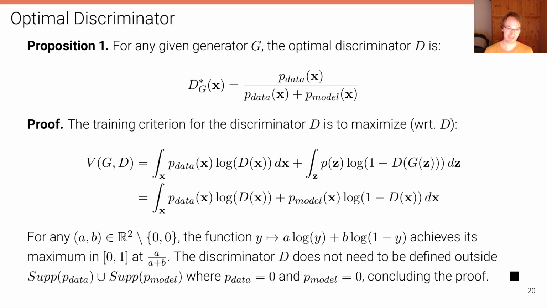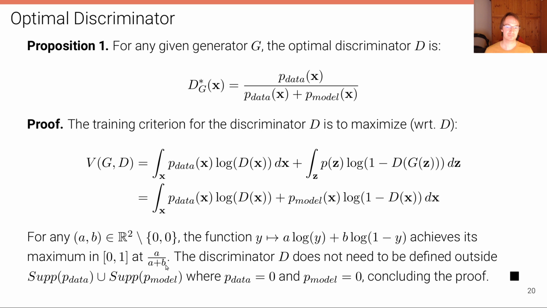What we now see is that what's inside this integral, for any (a, b) in R2 except for the origin, achieves its maximum in the interval 0, 1, remember D must be between 0 and 1, at a over a plus b.